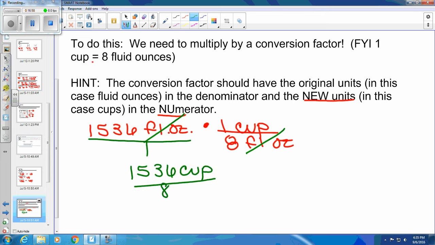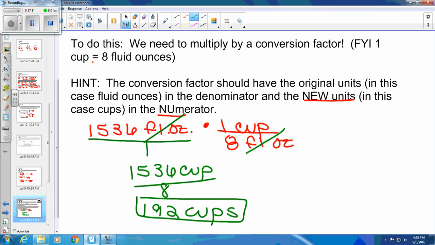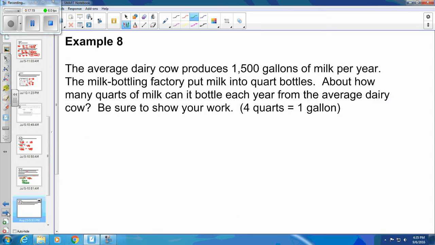When I do 1,536 divided by 8, I get 192 cups. So that milk dispenser holds 192 cups of milk. So let's look at the next example, and we will do this one together as well. Then I will give you some practice ones.